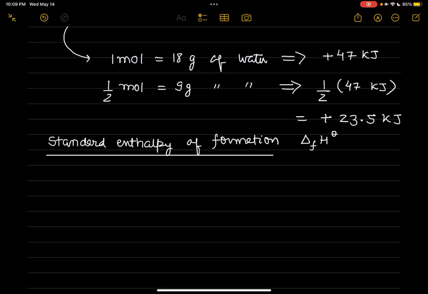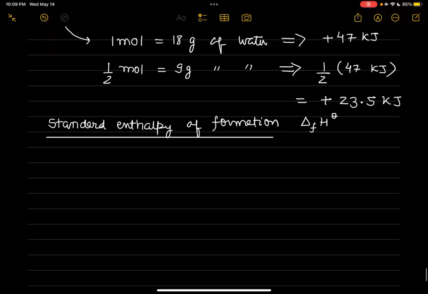Something like that is being indicated by the name itself, enthalpy of formation. But we need to take certain precautions. Some details are there which we need to take care of. But overall, what you said, Maha, is correct, right?